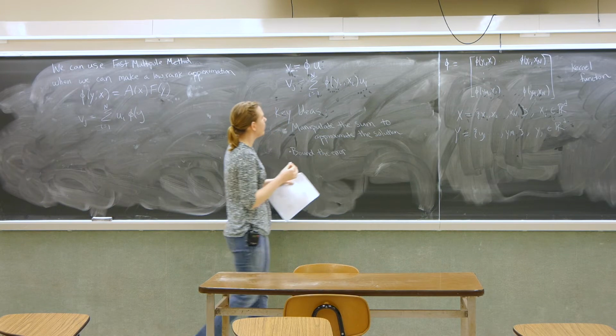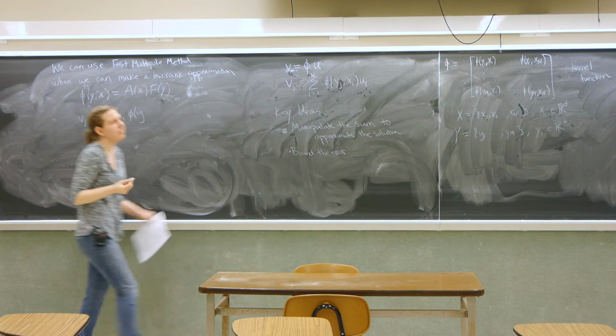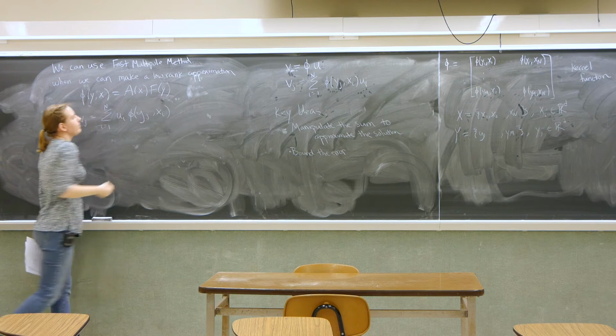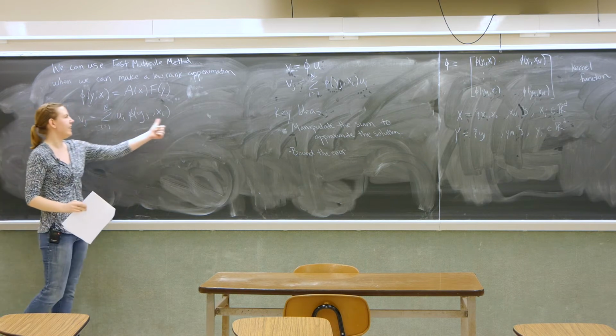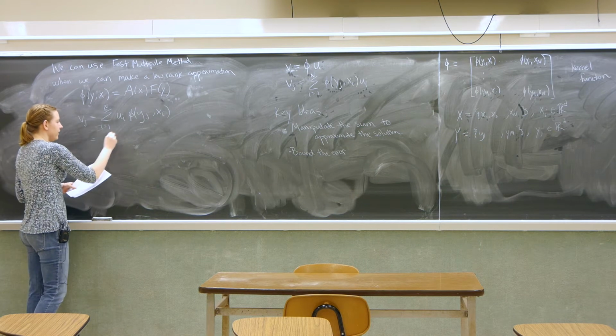I just need a j. This one's a j, yeah. Yj, xi. Then we can take this to its low rank approximation.